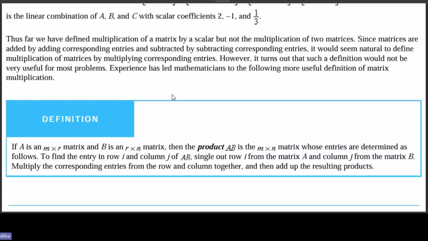But when we come to multiplication, we say the number of columns in the first matrix must be equal to the number of rows in the second matrix.